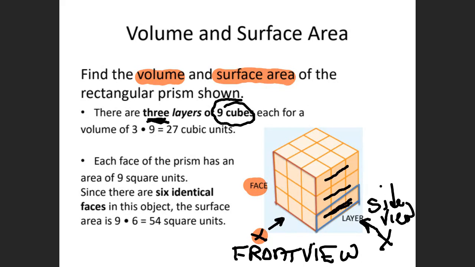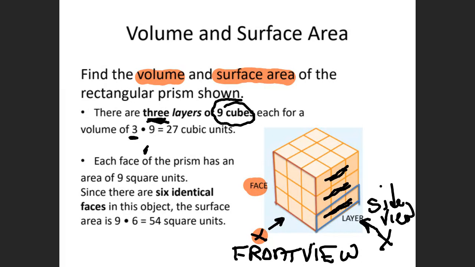Notice this black layer that's highlighted in blue has 3. The second layer has 3 again. The third layer has 3 again. And I have 3 layers. Each layer has 9 cubes.